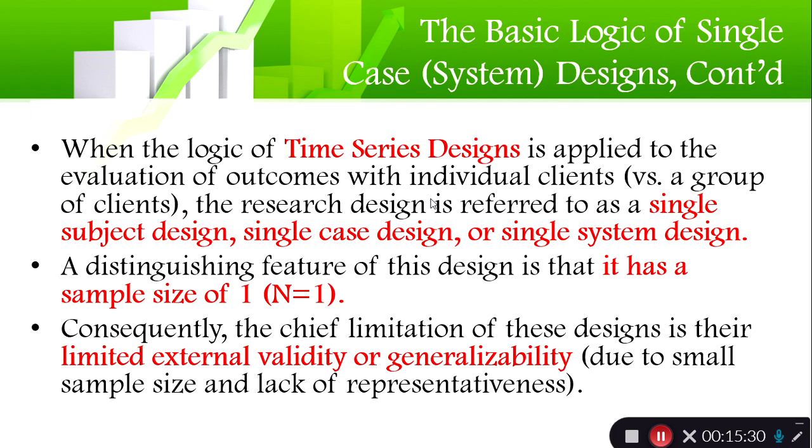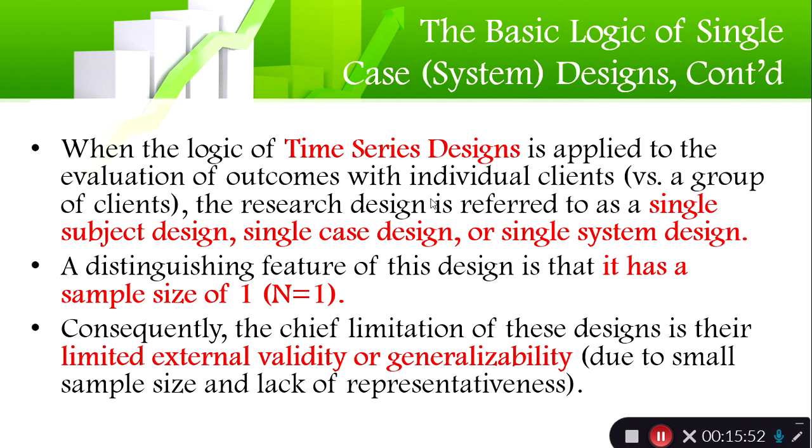But because this particular design has a sample size of 1, consequently, a chief limitation of this design is that it has limited external validity or generalizability due to the small sample size and lack of representativeness. If we're only talking about one client, then it's difficult to generalize whatever we find from that one client to other clients.